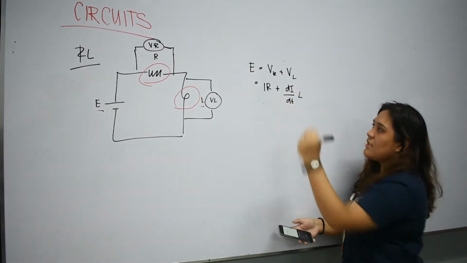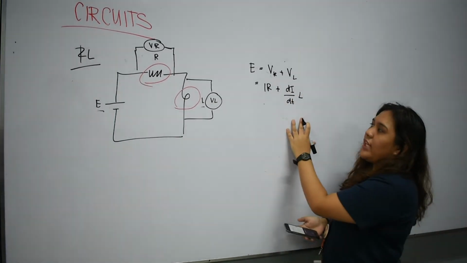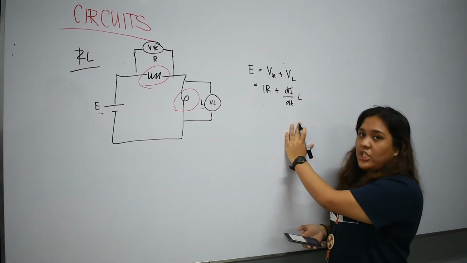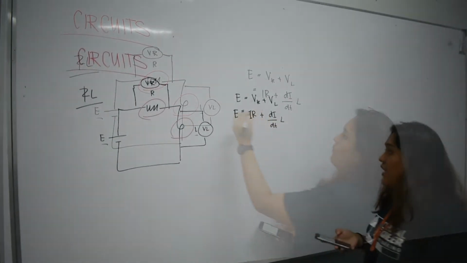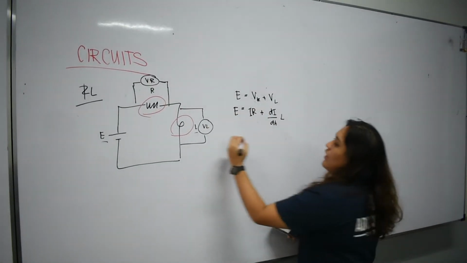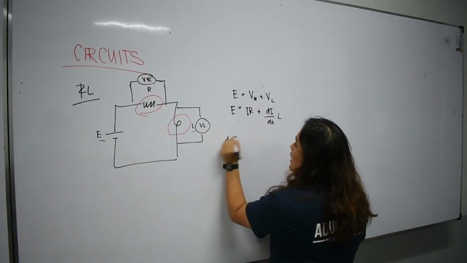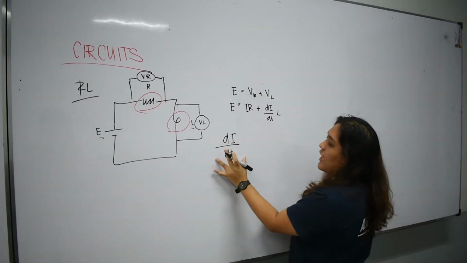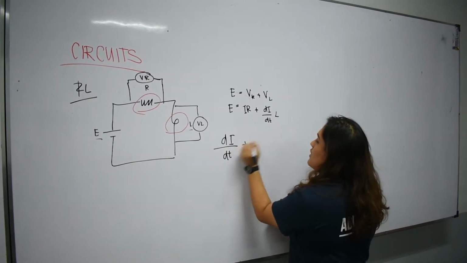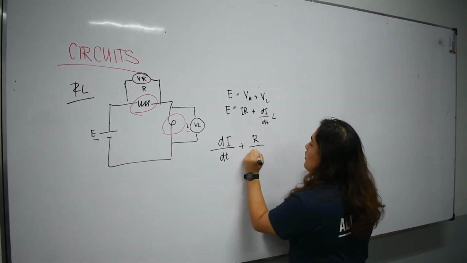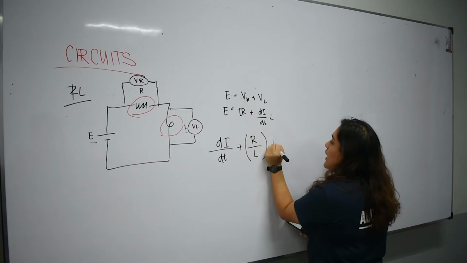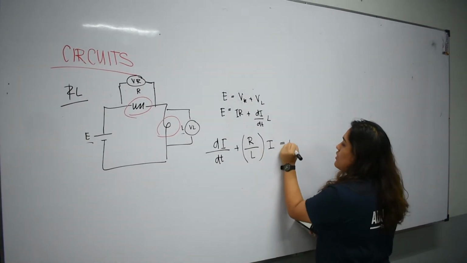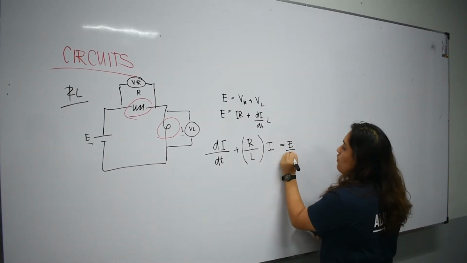Given this equation, we can now derive the first order linear equation of the current. The equation will be dI over dt plus resistance over inductance times the current is equal to the electromotive force over L.